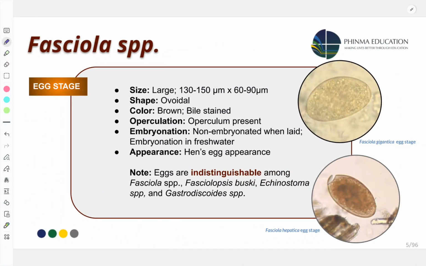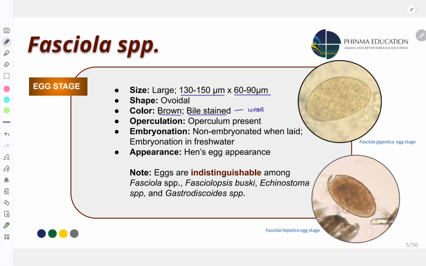So your Fasciola species, their eggs are large, measuring 130 to 150 microns by 60 to 90 microns. The shape is ovoidal, so ovoid or somewhat oblong. Color is brown and bile stained. Bile stained, because they are found in your liver and your bile passages.